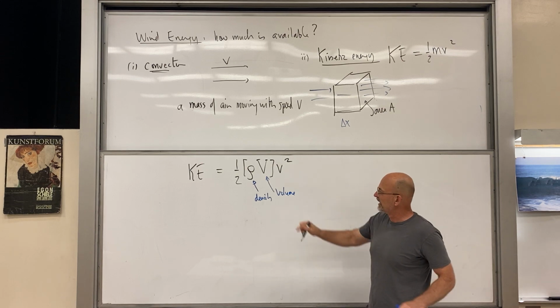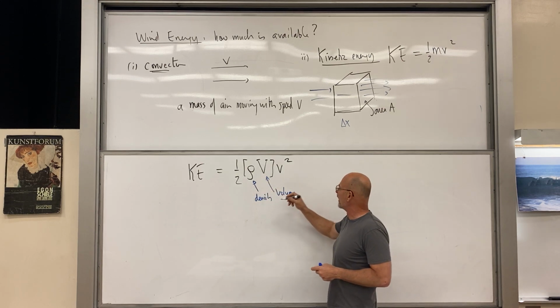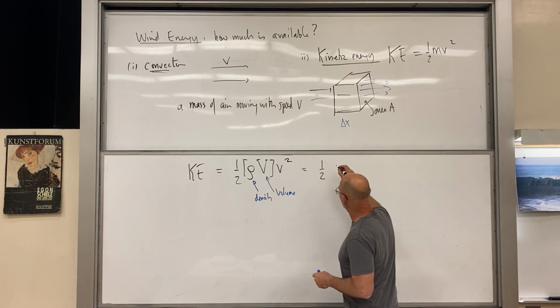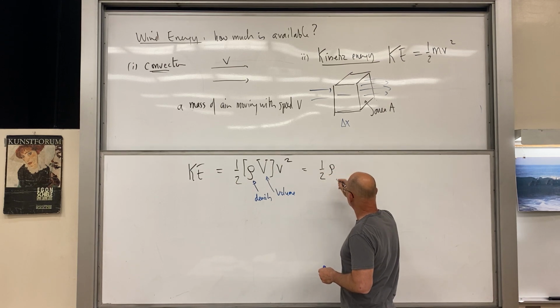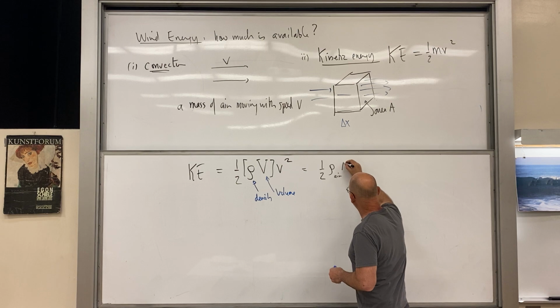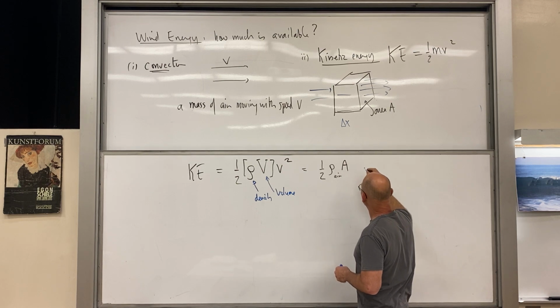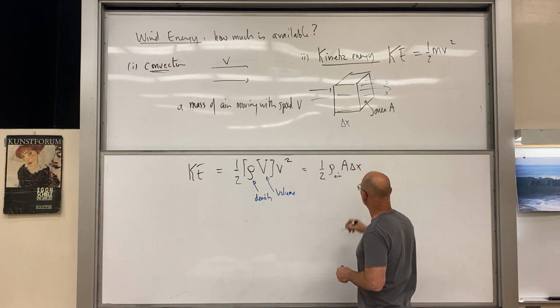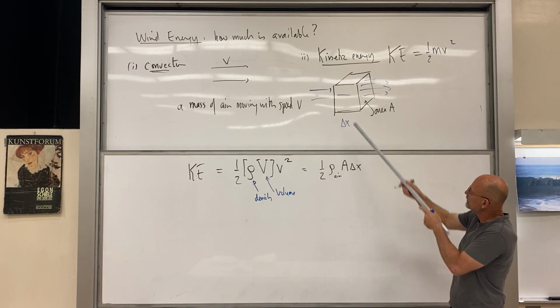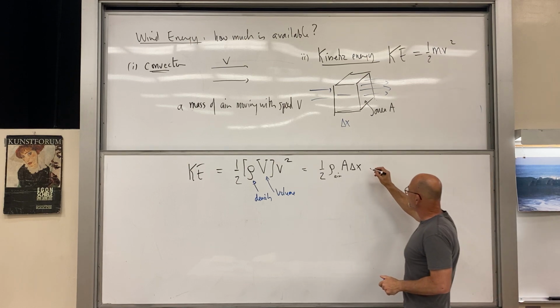That's why I said it could be air, it could be water. Right now we're thinking about air. Okay. So we have 1/2 density, air. Now that volume is a cross-sectional area A times delta x. Okay, so that's my volume, A times delta x, volume of that box up there, and I still have the v squared.